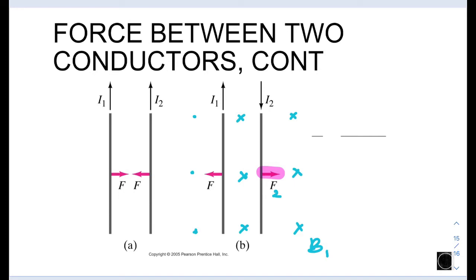Place your index finger along the direction of I2, grab your conductor. So on this side, B2 will be into the page.